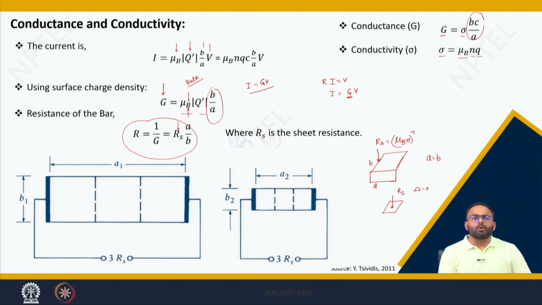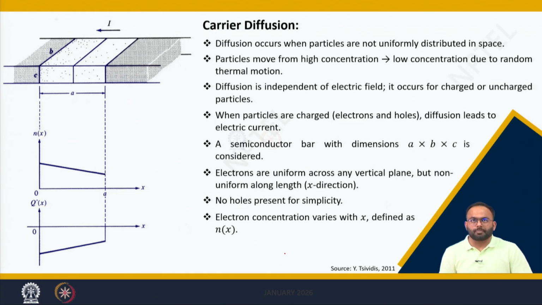It means if we really want to calculate the total conductance and total resistance, we need not bother about the specific values of A and B. We can simply calculate in terms of ratios. For example, this is 3A and this is B. So ultimately the length to width ratio is 3, and the resistance will be 3 times Rs. Similarly, if the device dimension is small enough but the ratio is maintained, then also the sheet resistance will be similar.